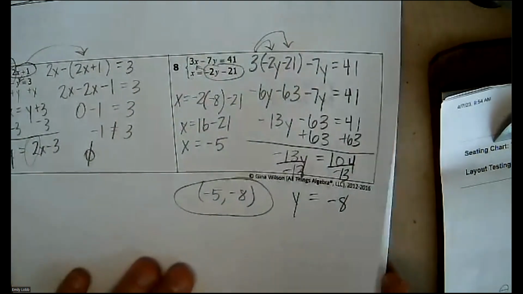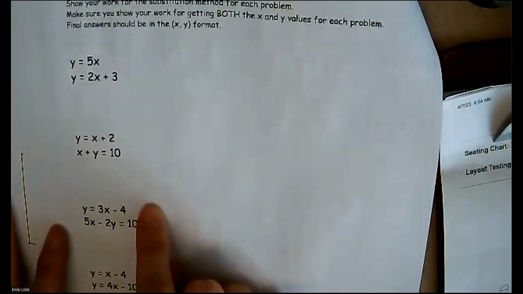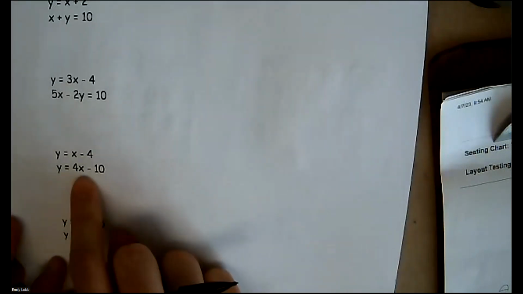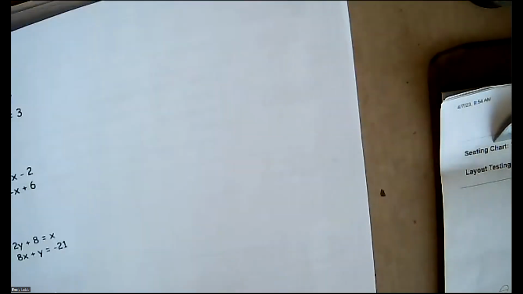Okay. So all of the Boom cards are written out on pages 12 and 13. These you're setting equal. These you're putting in for y. You can set these equal. Putting in for x, setting these equal, putting in for x, putting in for y, putting in for x.